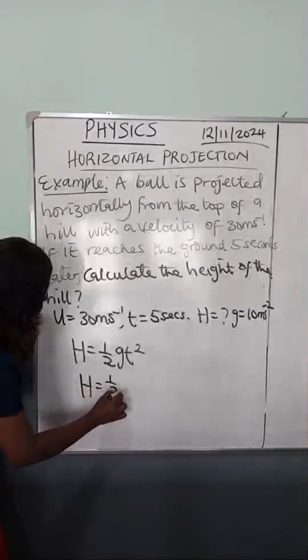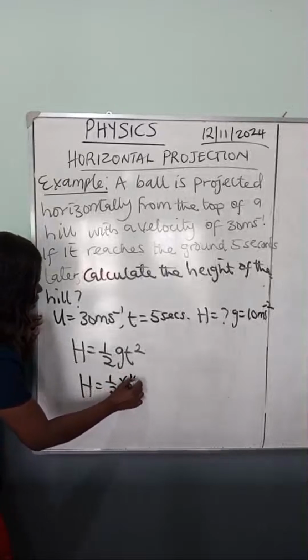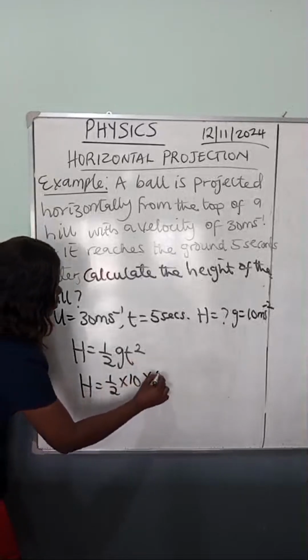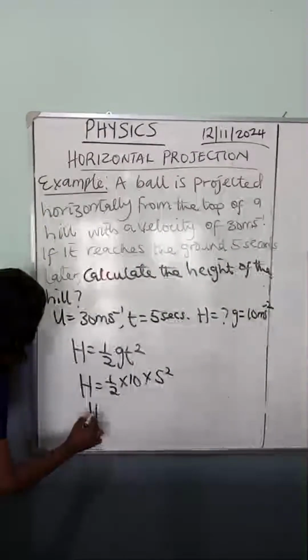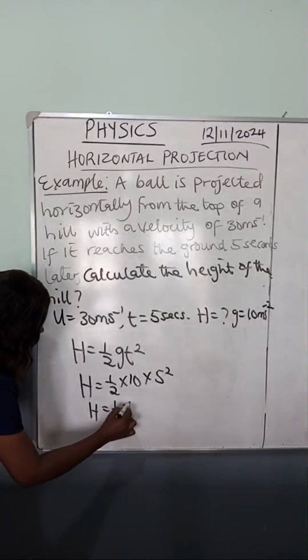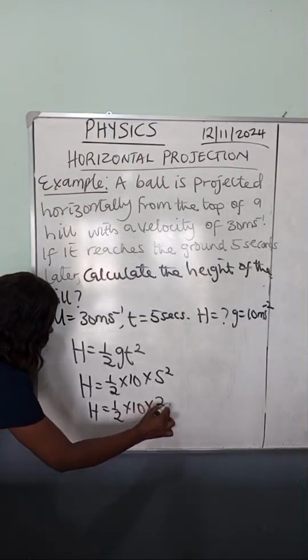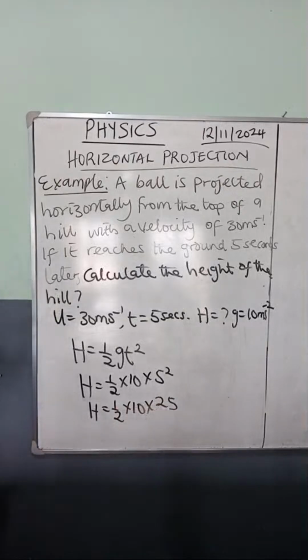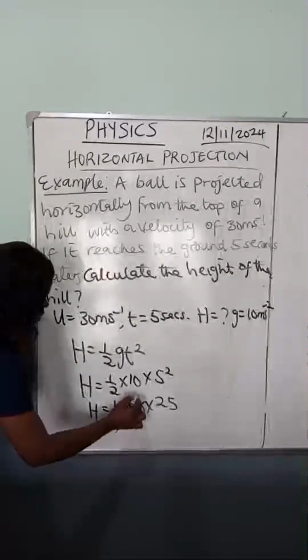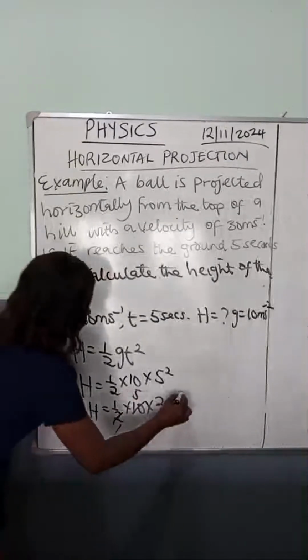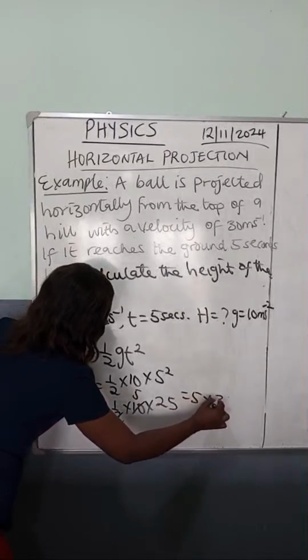So let's go. This is half times my g, and my time is 5 squared, right? That is H equals 1 over 2 times 10 times 25, right? So can 2 divide 10? Yeah. So I have 5 times 25.